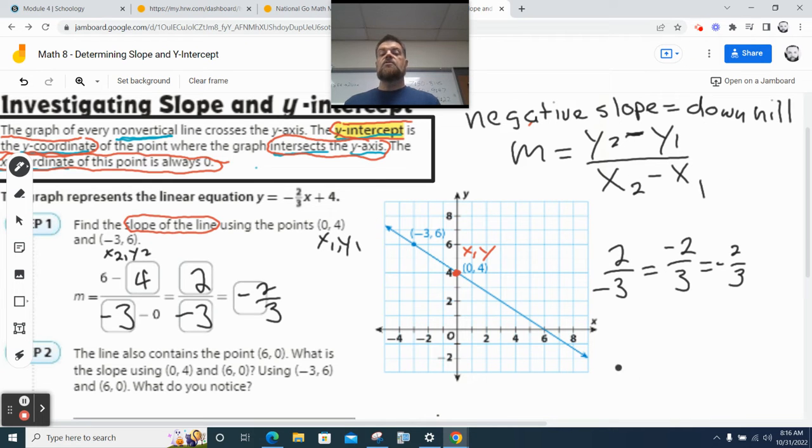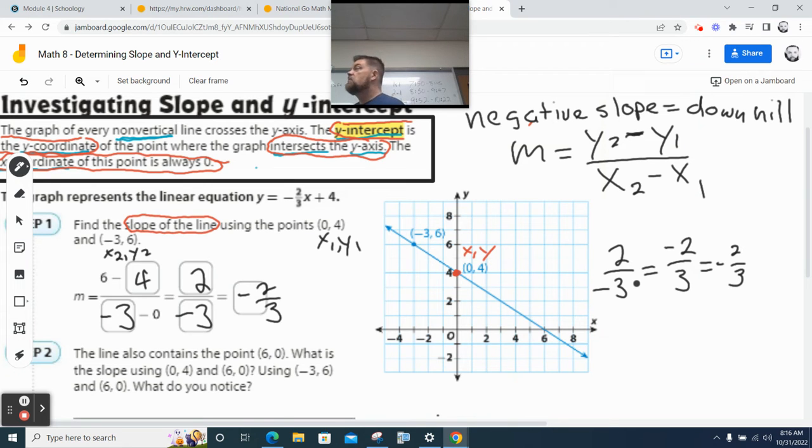See how this line goes downhill? So if I look at the graph and see that it's going downhill, reading it like I'm reading a book left to right, I know the slope has got to be negative.